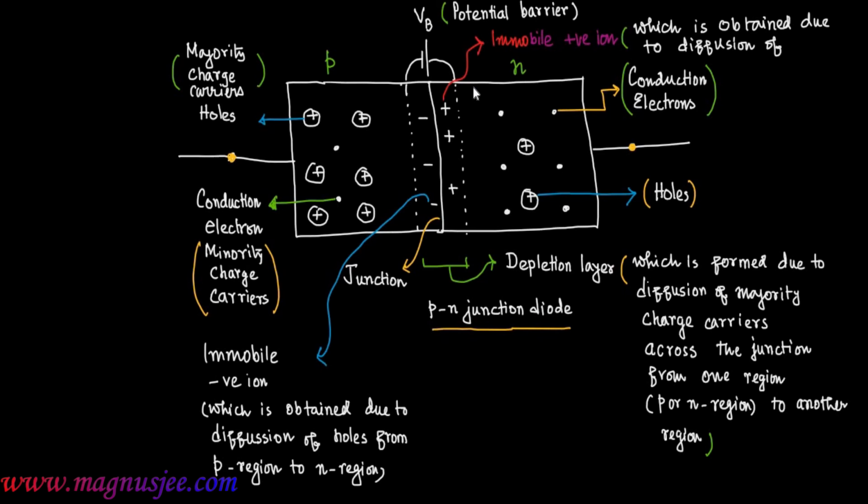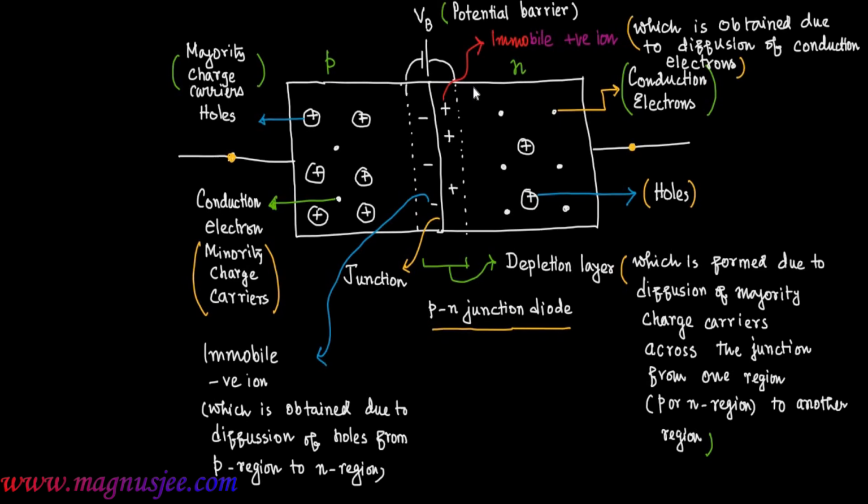Diffusion of conduction electrons. Very good. Conduction electrons, not valence electrons, because valence electrons are bound to the silicon or impurity nucleus due to covalent bonds.